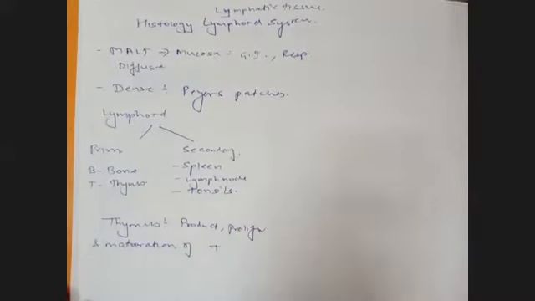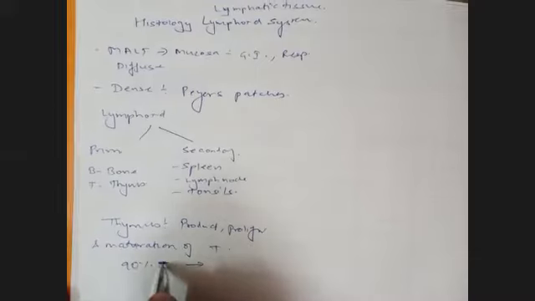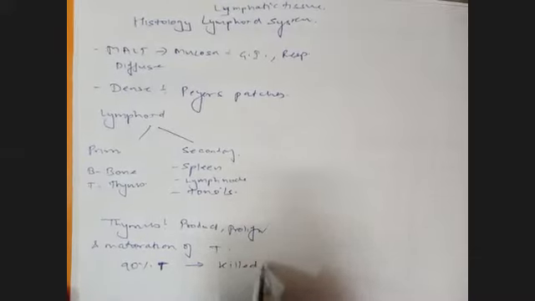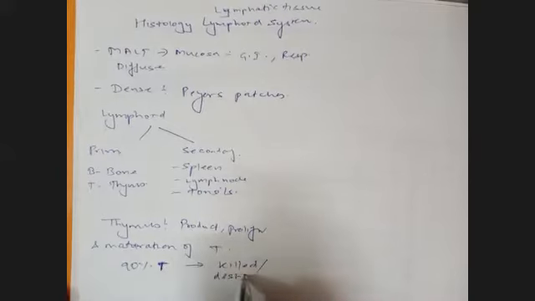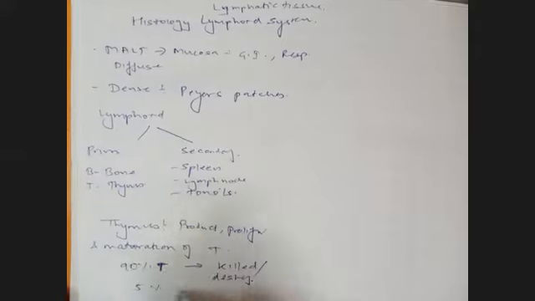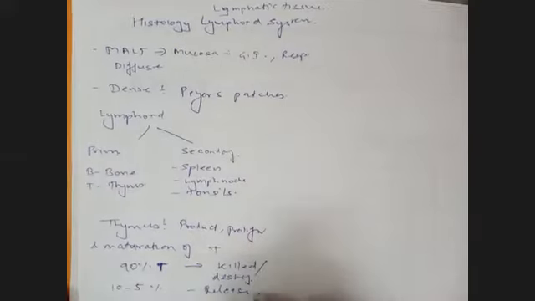Another interesting thing about this thymus is that 90% of the T lymphocytes produced here are killed or destroyed by apoptosis because they are directed towards our own body, and only 5 to 10% are released in the bloodstream, and then they go and occupy various positions.